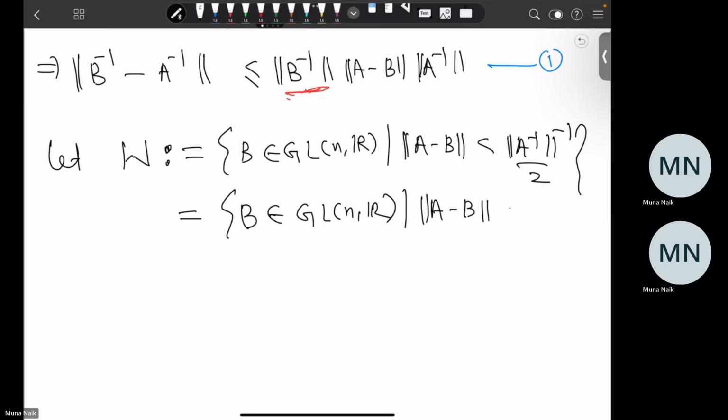This is the same as the norm of A inverse times the norm of A minus B being less than half.